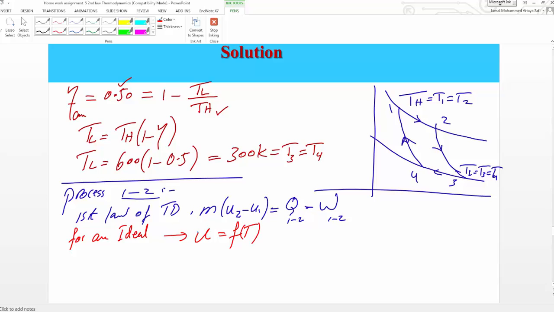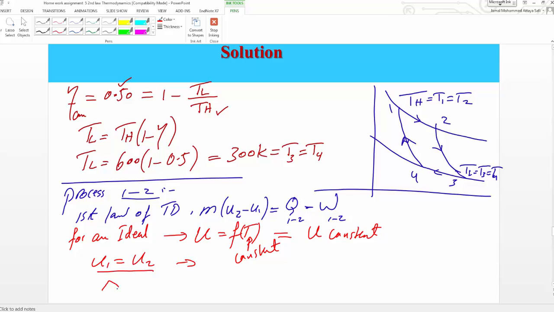So the internal energy of an ideal gas is a function of the temperature of the gas, which means that if the temperature is constant, then U is also constant, which means U1 is equal to U2.